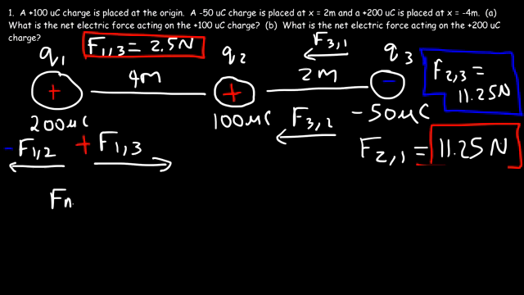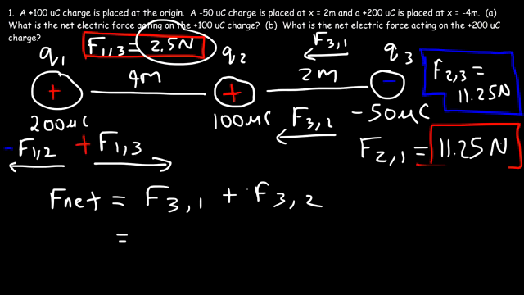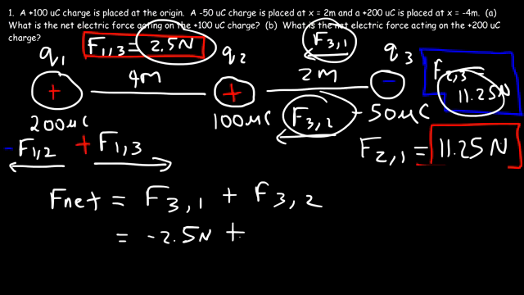So the net force acting on charge 3 is the sum of F3,1 and F3,2. Now F3,1 is going to be negative 2.5 because it's directed along the negative x-axis. And the same is true for F3,2. It's going to be negative 11.25.